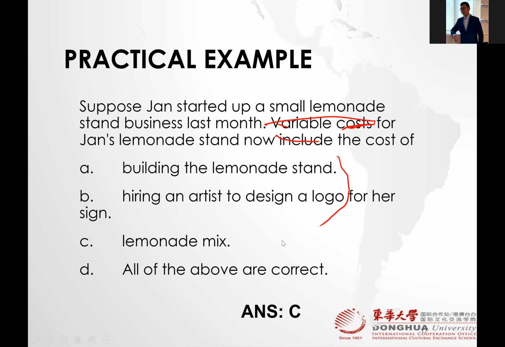Sir, I have a question. I understand that a building for the lemonade stand is a fixed cost by itself. But why is hiring an artist to design a logo not a variable cost? Because I see in some case studies, some artists are increasing their demand for payment.